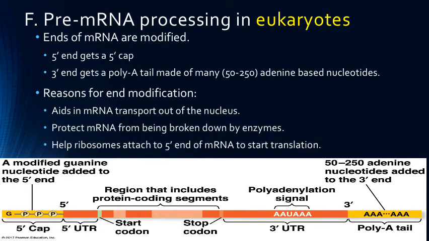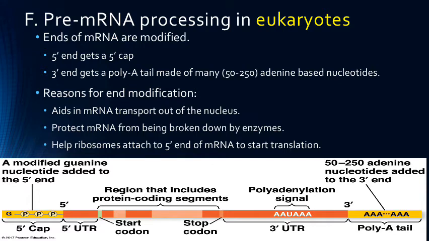What are the reasons for this? We think that this aids in transporting the messenger RNA out of the nucleus. It helps maybe with guiding it. It helps protect the messenger RNA from being broken down by enzymes. If you recall, remember we had little aglets on the end of our chromosomes.